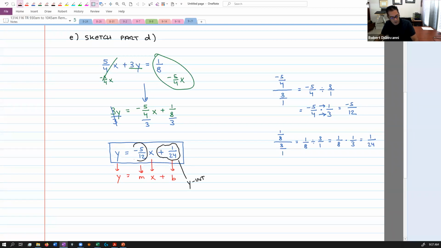And we also know that this -5/12 is my slope, which is equal to my rise over run, which in this case, because it's -5/12, means I go down 5 and go to the right 12. Any questions there?